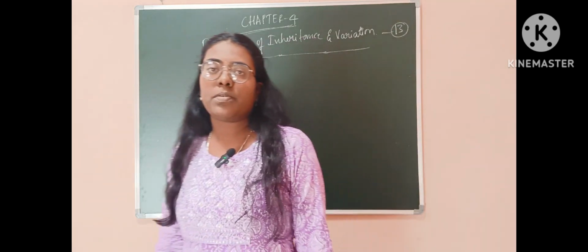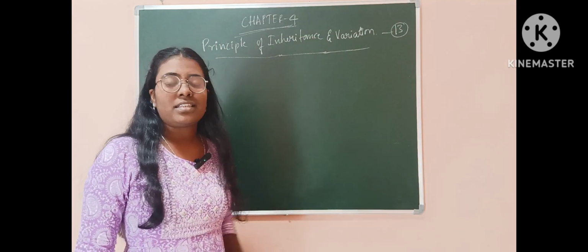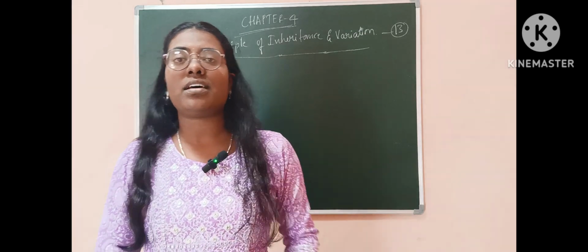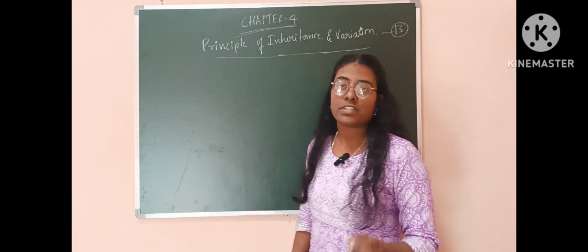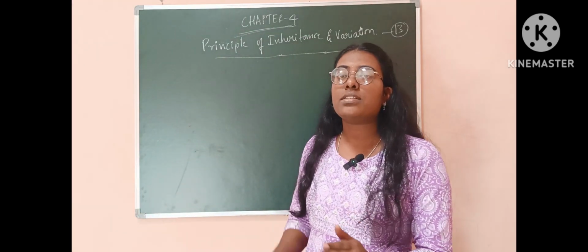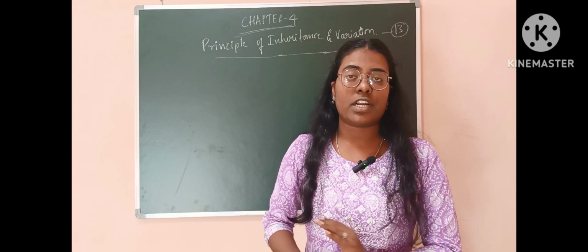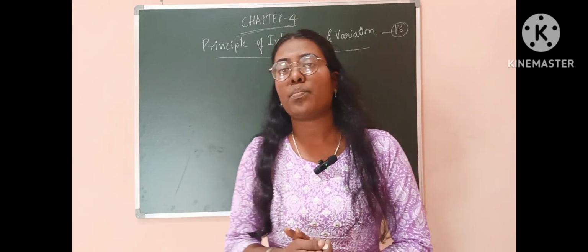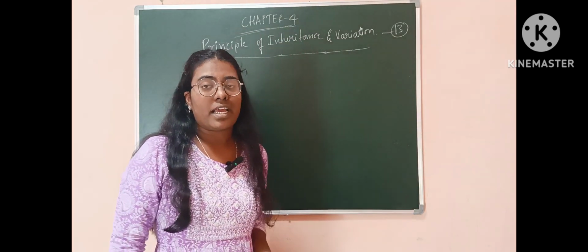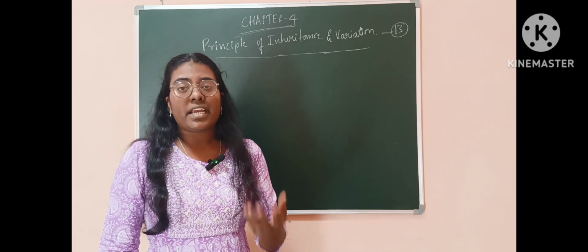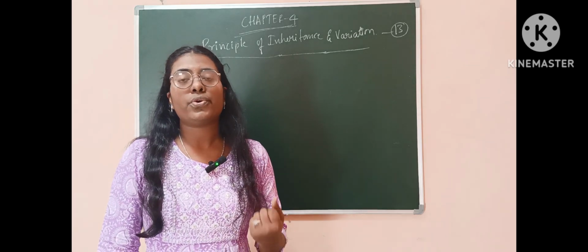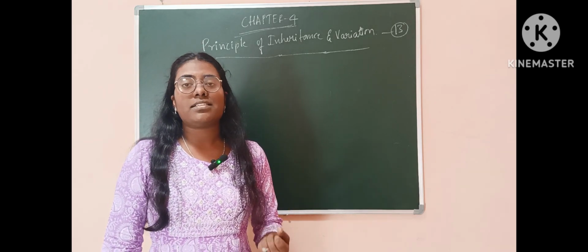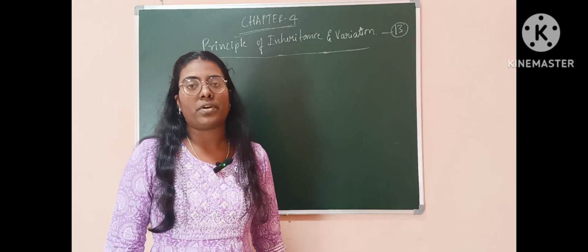Principle of inheritance and variation mainly deals with the study of genes which are transferred from one generation to another, how genes play an important role in the organism, and also the variations which are produced in the human body during sexual reproduction.